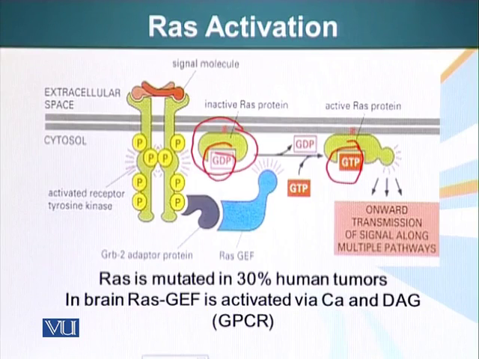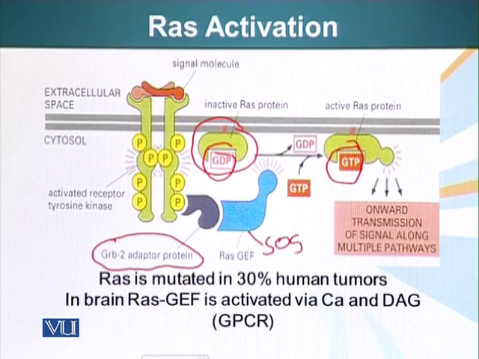These adapter proteins, in this case, for example, GRB2 is the adapter protein. It will bind this receptor. When this binding occurs, there's a conformational change in GRB2, which allows another molecule, which in some literature is called SOS or also RAS-GEF, to bind.